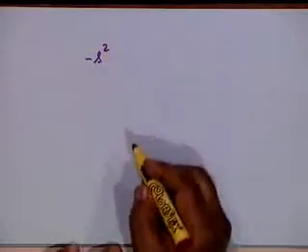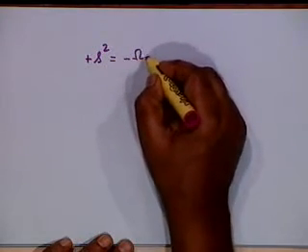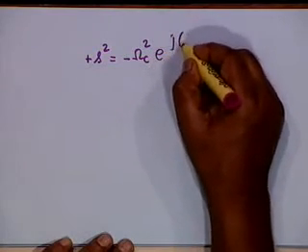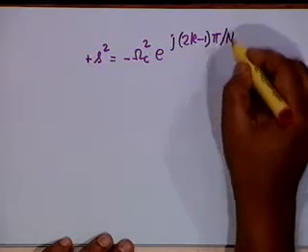Okay. So let me write it down: minus S squared. Well, I can write this as S squared equal to minus omega c squared e to the power j 2k minus 1 pi divided by n.